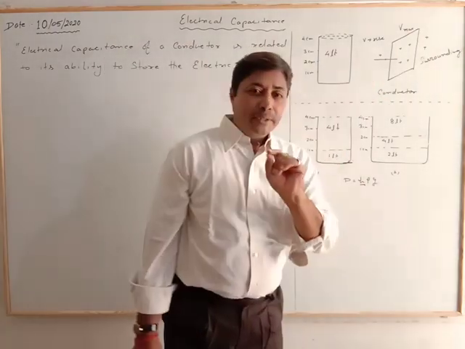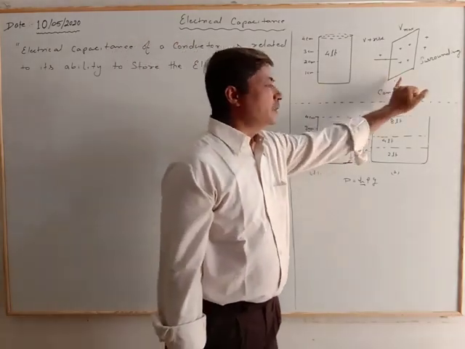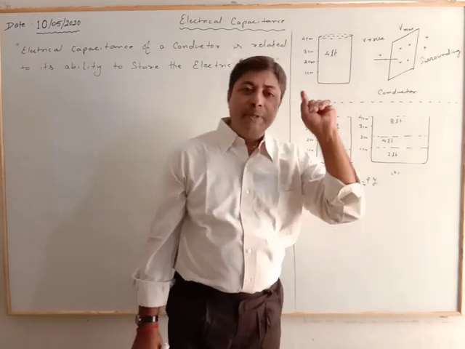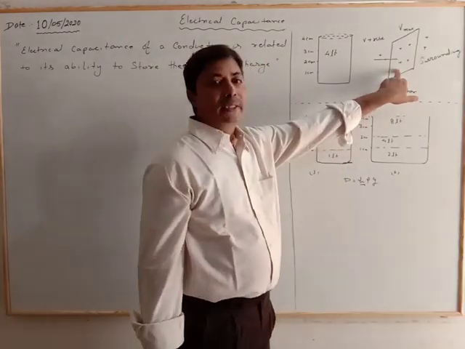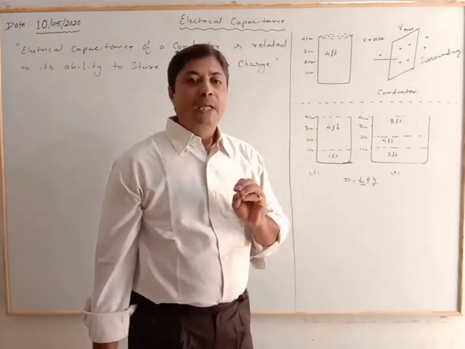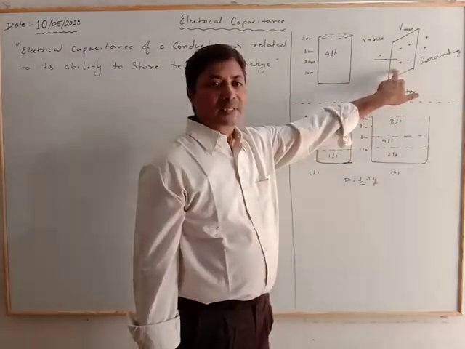Now the capacitance, that is the mechanical analog of this. Whenever we bring the charge from infinity to the capacitor, we are doing work, and that work provides the potential to the capacitor.